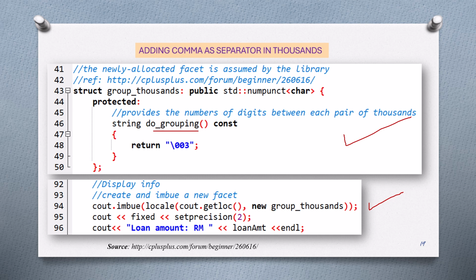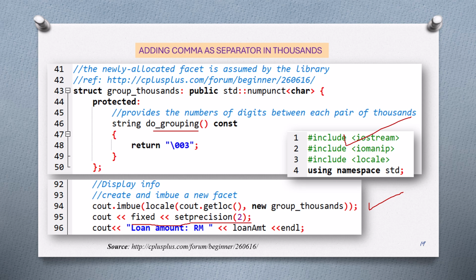This is to format the output, so when you write this segment, it will give you a nice view of the display. You can have the comma.